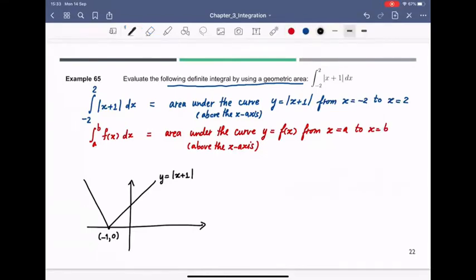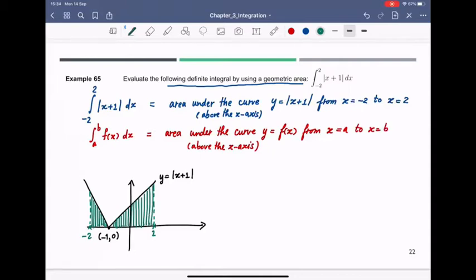And what I want is to compute the area under the curve from x equal to negative 2 to x equal to 2. So this area under the curve above the x-axis is the definite integral, right?